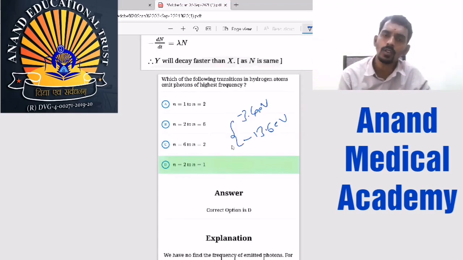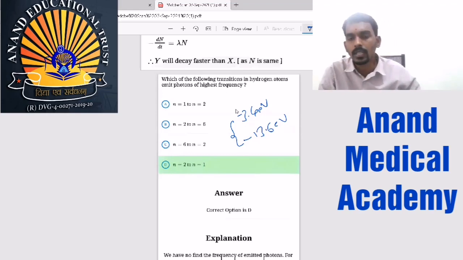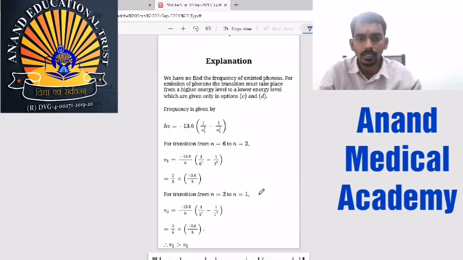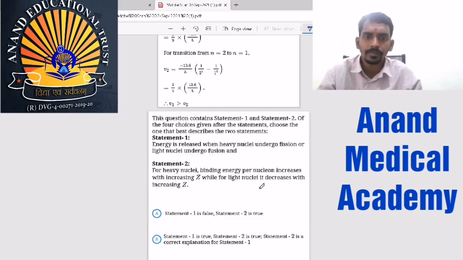Huge difference is there. So if any electron is coming from an excited state to the first state, that will have greater energy, that will have greater frequency of the photon. So try to analyze on your own.